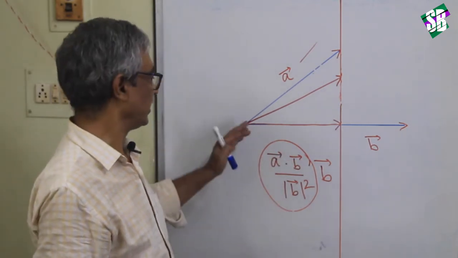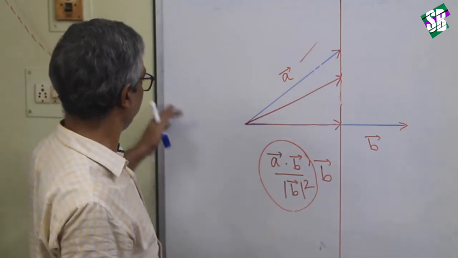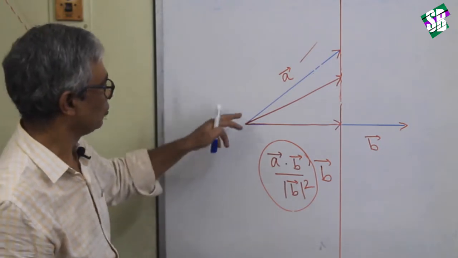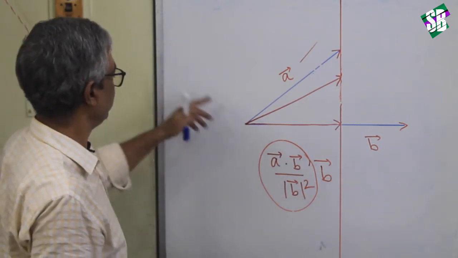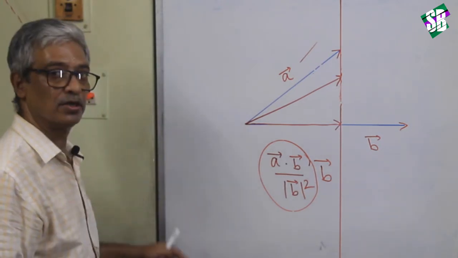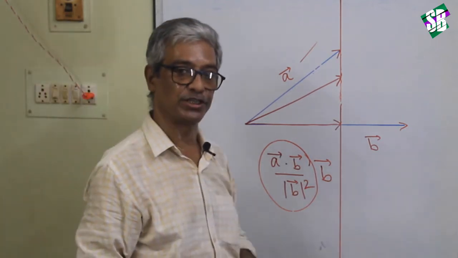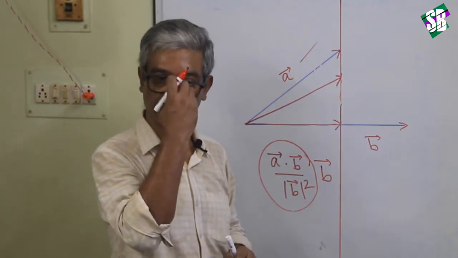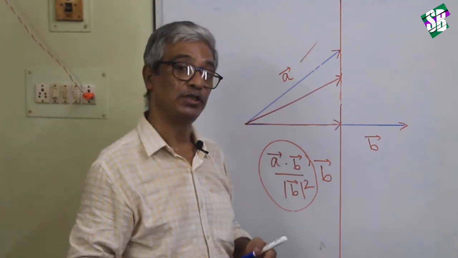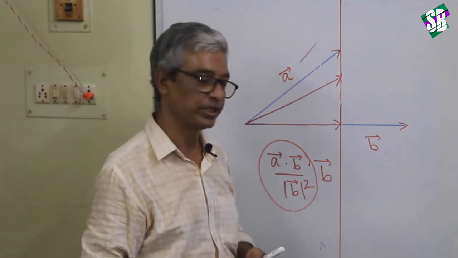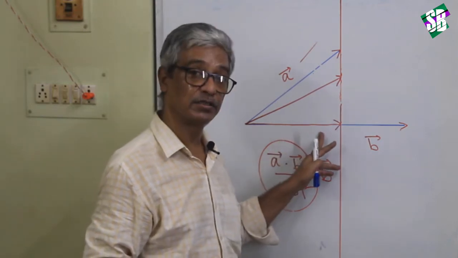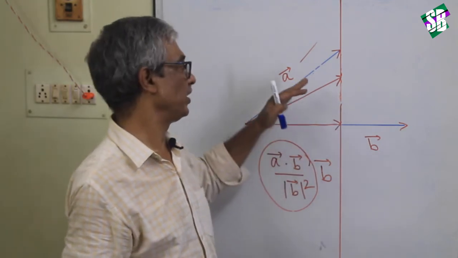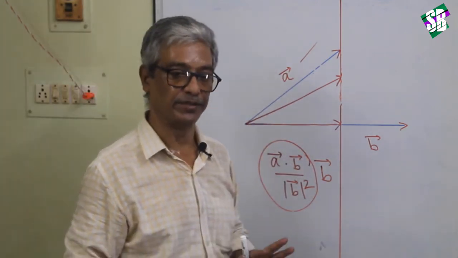Okay? And if you take this side also, then if you draw a perpendicular here, then also you find infinitely many vectors which have the same projection along b vector. So if you know the length of the projection, you cannot find out a vector uniquely.